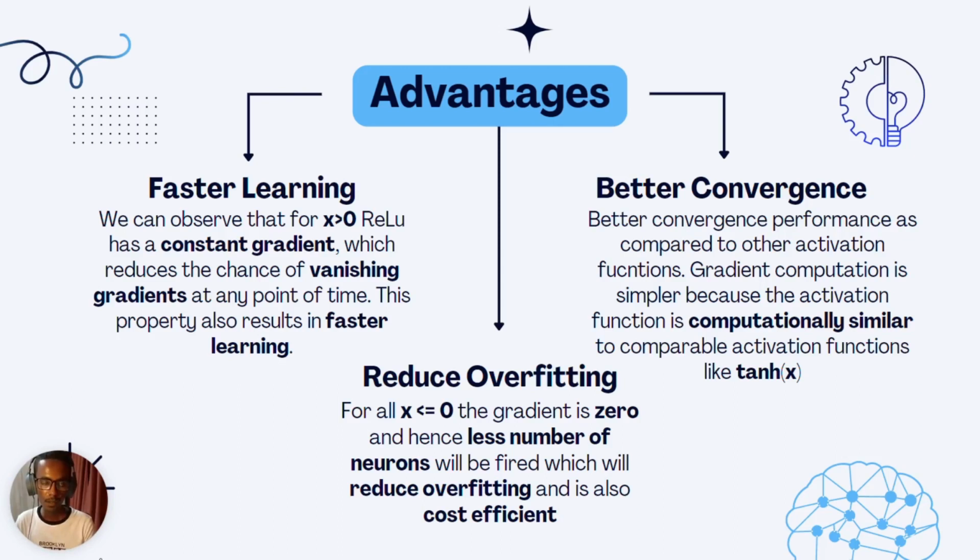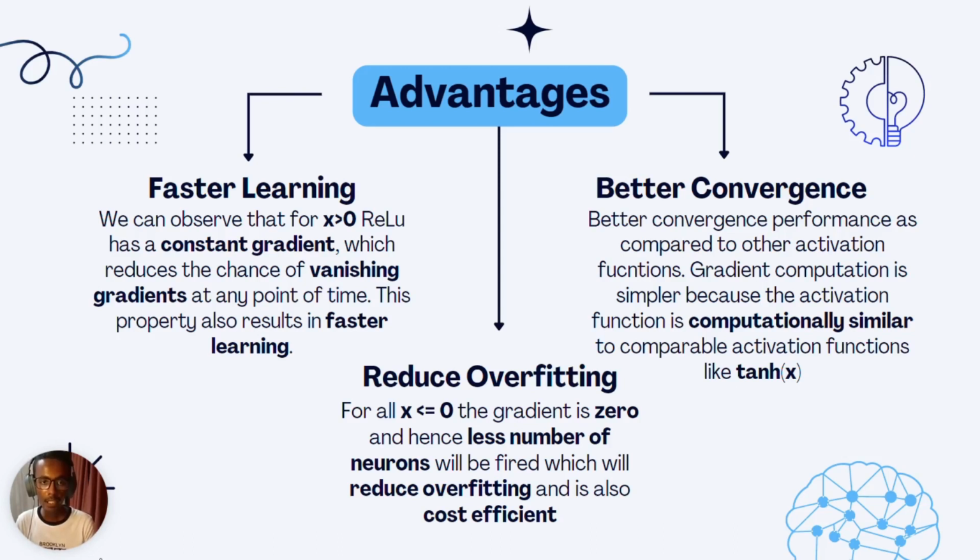So the advantage of using the ReLU activation function is it has some kind of regularization effect. So that regularization is going to remove some of the overfitting. It's not that impactful, but it's necessary. So for all values of x less than or equal to 0, we know that the gradient of the ReLU activation function will be 0.